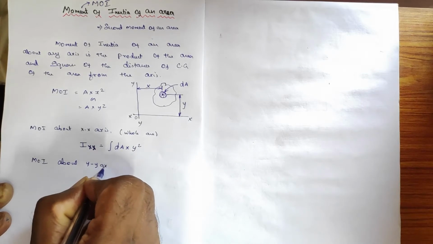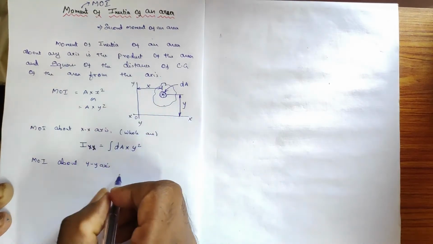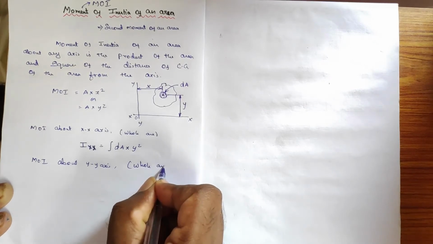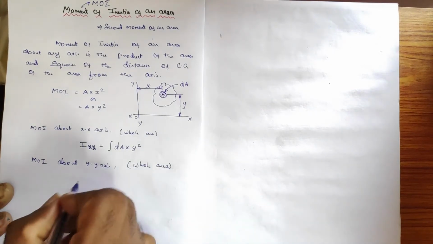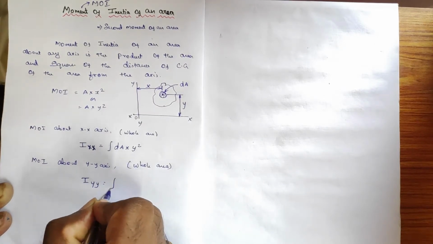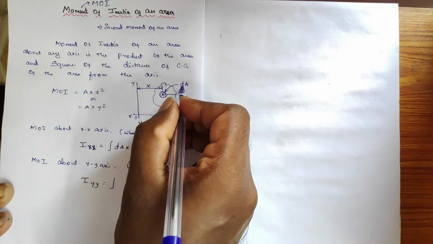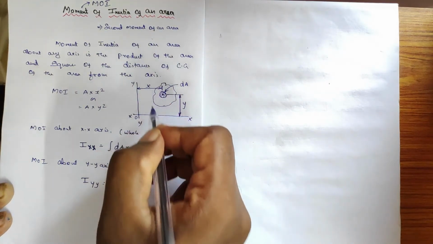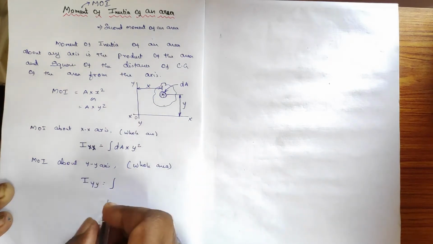And if I consider the moment of inertia about the y axis for the whole area, then I y is equal to the integration of dA into the product of the perpendicular distance squared. I give it for the smaller spot, so if you want it for the whole area, you just integrate it.